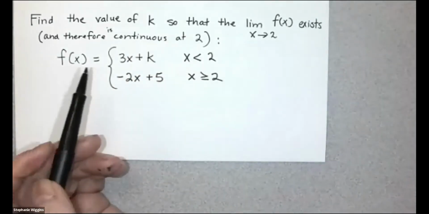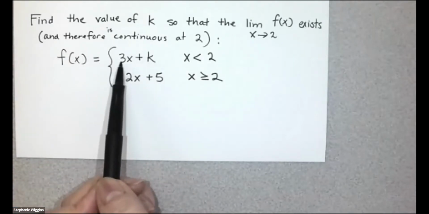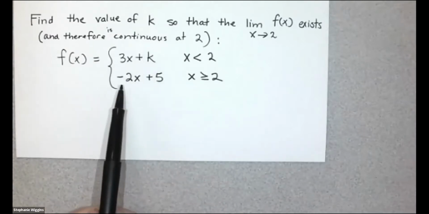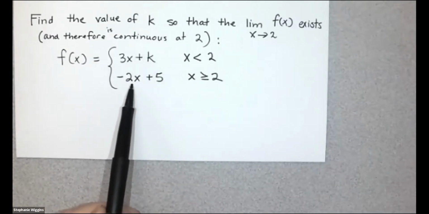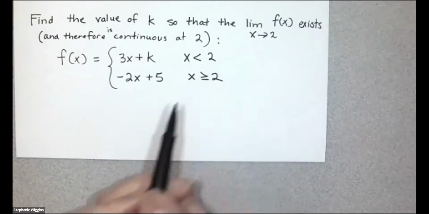Okay, so in order for this function, again, we have 2 lines here, right? We have the slope times x plus a constant. We don't know the constant. And then we have -2 is the slope times x plus 5 is the intercept. Okay, that's our constant. So again, we have 2 linear functions. And we want to pick our k so that those 2 lines line up at that point x equal 2.